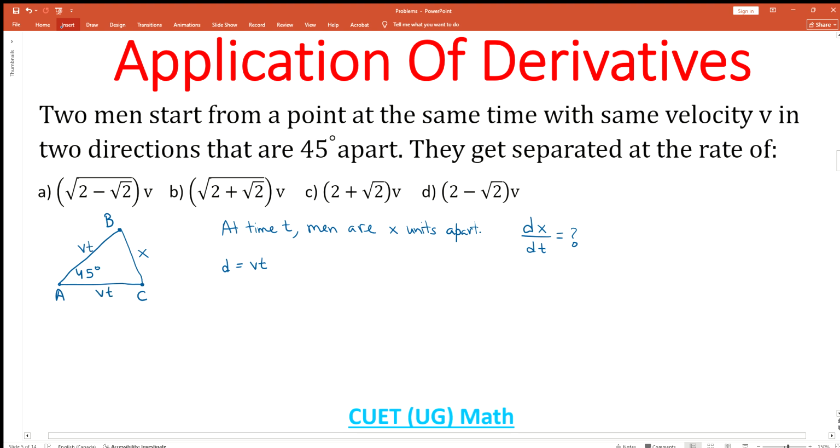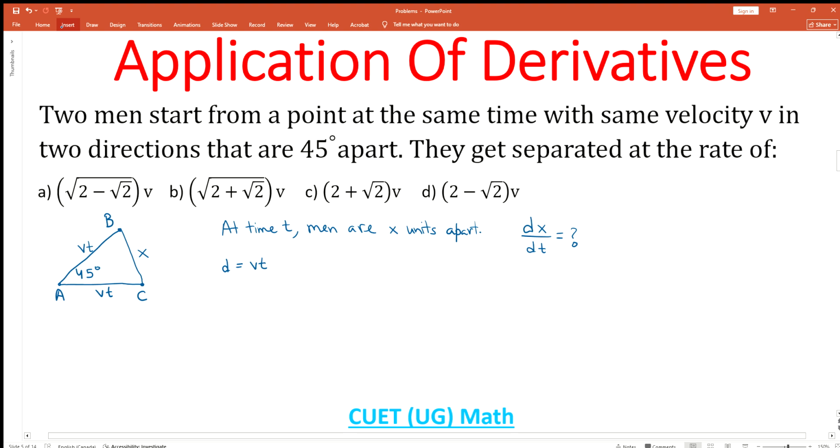The two men move with a constant velocity v, so for this problem v is a constant. We can find the value of dx over dt from the equation for x in terms of t. For that, we should analyze this triangle.